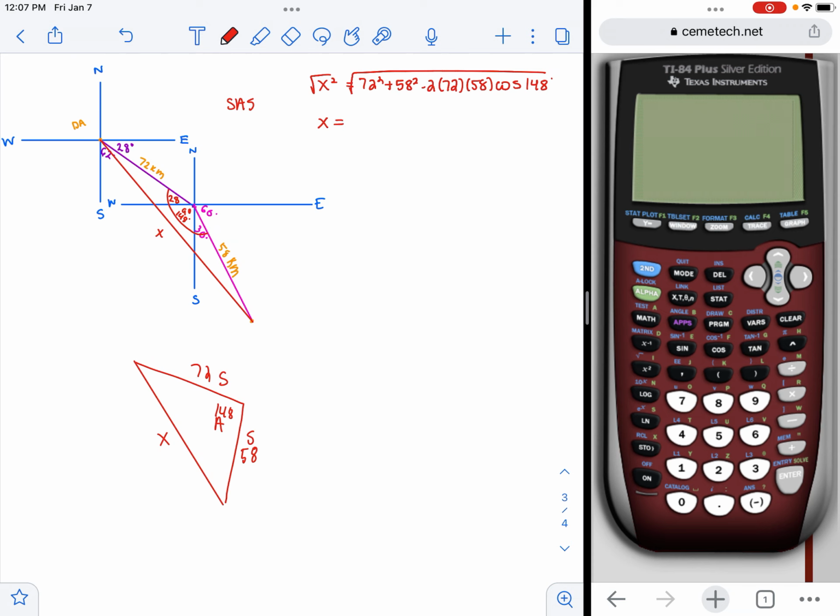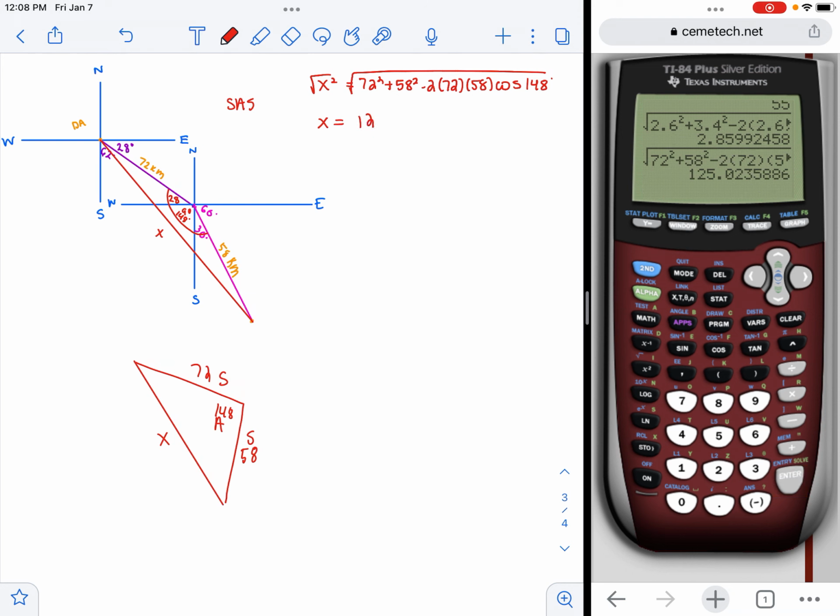To get x by itself, I'm going to square root. So I have x equals, and now I just have to type that in my calculator. So square root of 72 squared plus 58 squared minus 2 times 72 times 58 times cosine of 148.